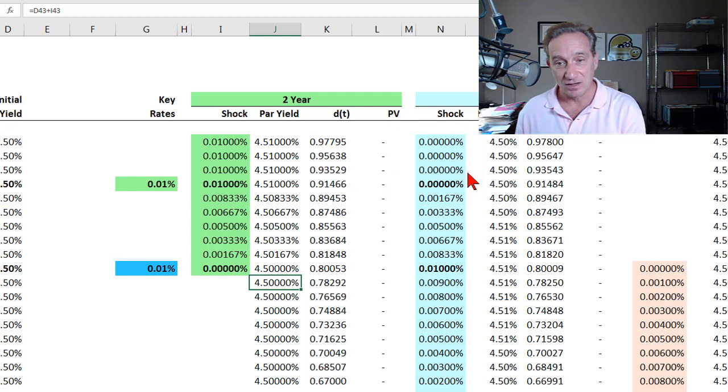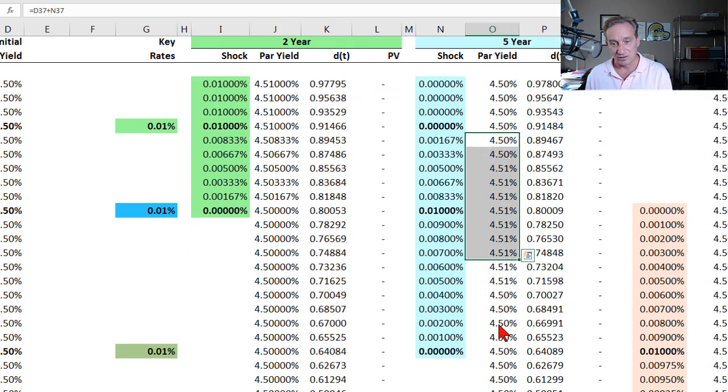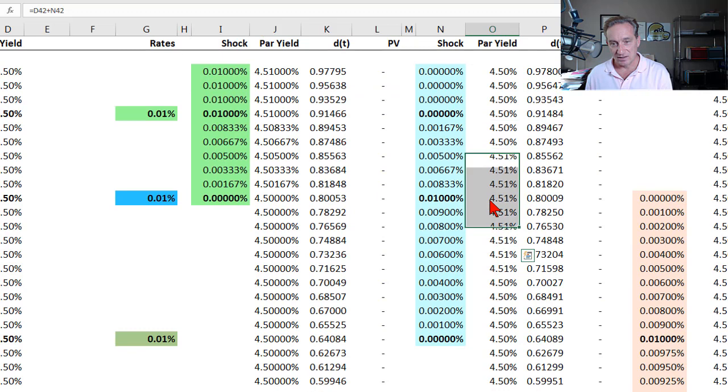The rest is flat. Similarly, if I go over here to 5 years, this is just for the 5-year key rate. Notice my par yield is 4.5% until I get to the 2-year mark, because that's the neighboring rate, and then it starts to go up because now I'm in the region for the 5-year key rate, and then it's peaking right about here, and then back down again.